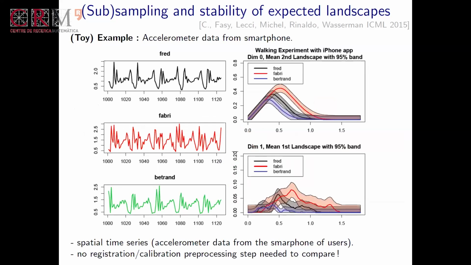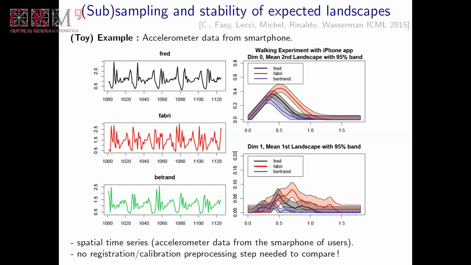I will stop here. Here is another example with more real data, done with multivariate time series, and that was just a game. We recorded some inertial data from smartphones carried by three different people, and we tried to see whether, from these signal samples, I think it was acceleration or something like that, we were able to distinguish them.